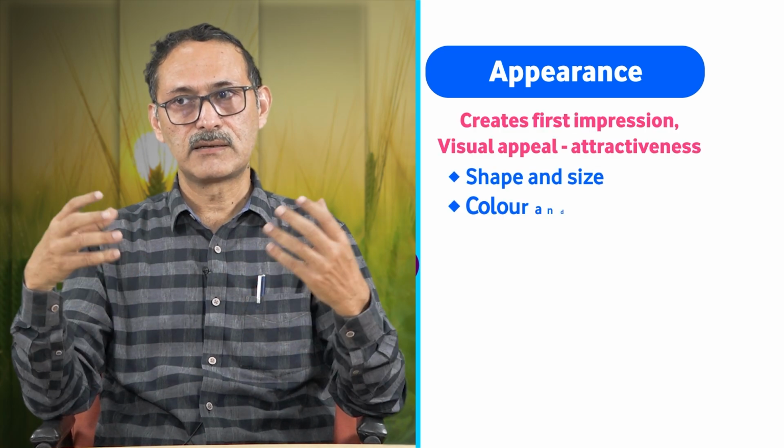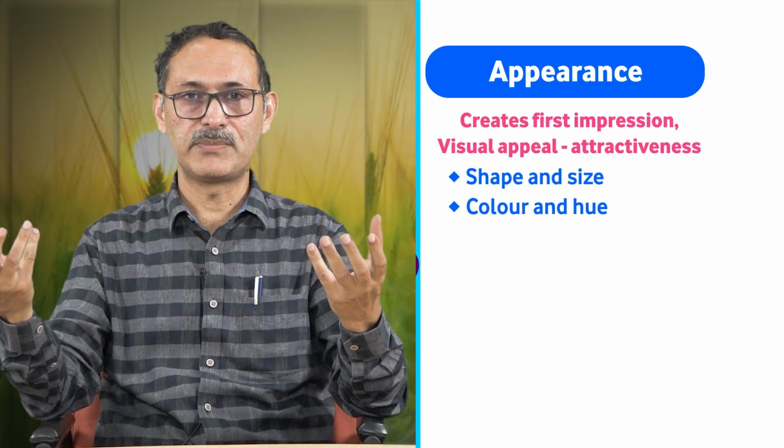In this attribute, first we will list appearance. Appearance means how does a food look like. It could include shape, size, color, because for example, you are going to buy an apple, and the apple has a shade of green and red both.